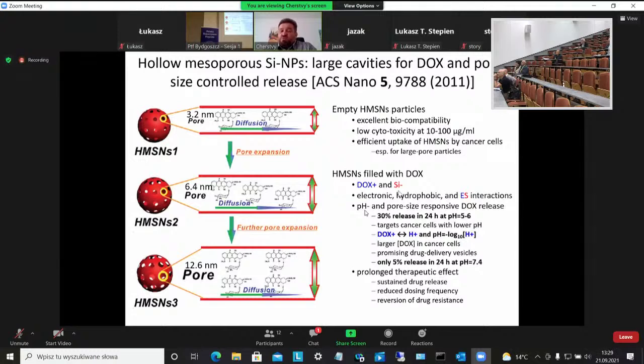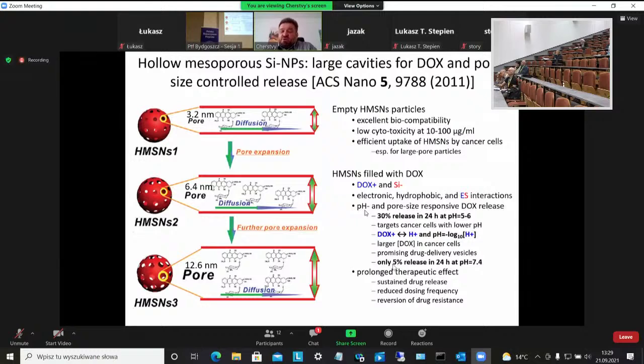What is important is that the release of doxorubicin from these particles is pH dependent. At smaller pH, you have a substantial release within 24 hours, while at physiological pH 7, you have a very slow release.